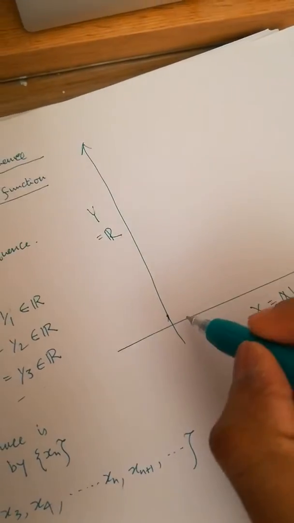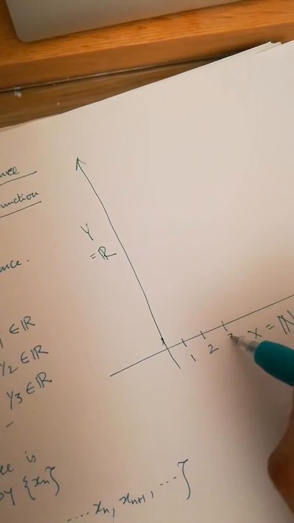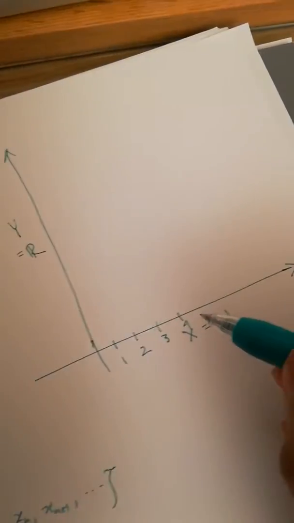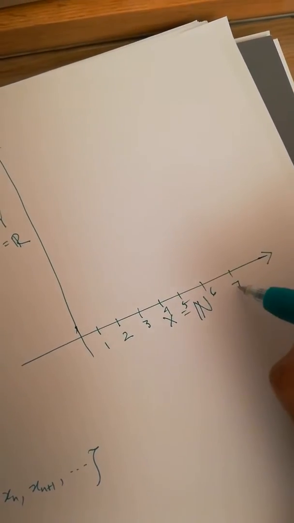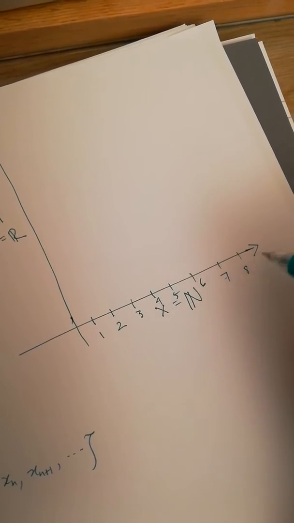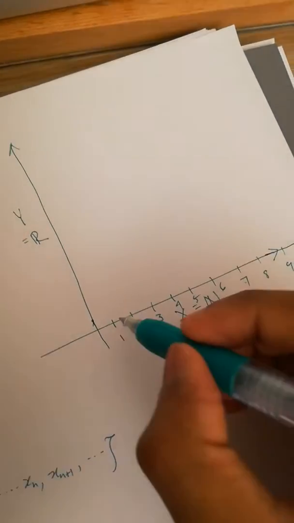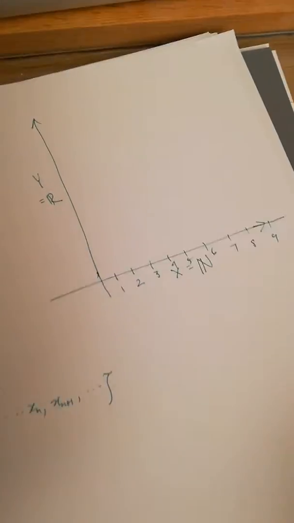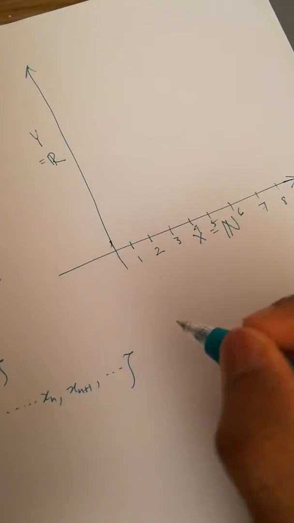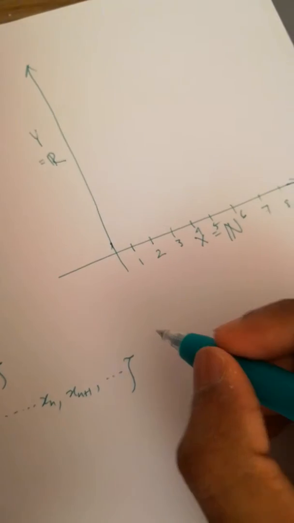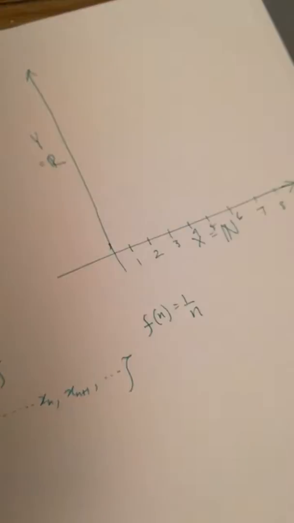Like day 1, day 2, day 3, day 4, day 5, day 6, day 7, day 8, day 9, and so on and so forth. So what I am going to draw is what f(n) equal to 1 by n looks like.